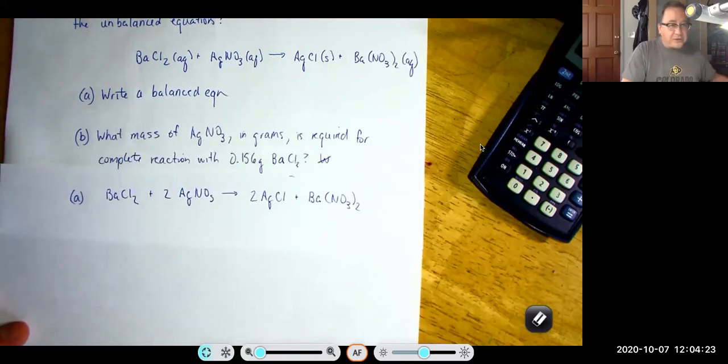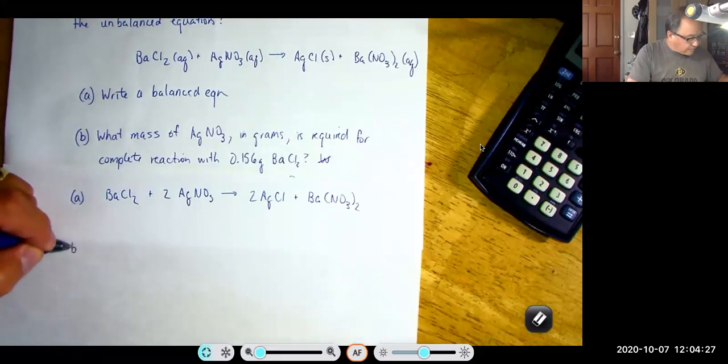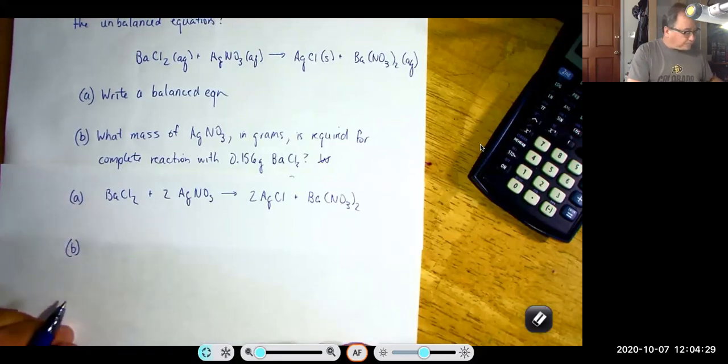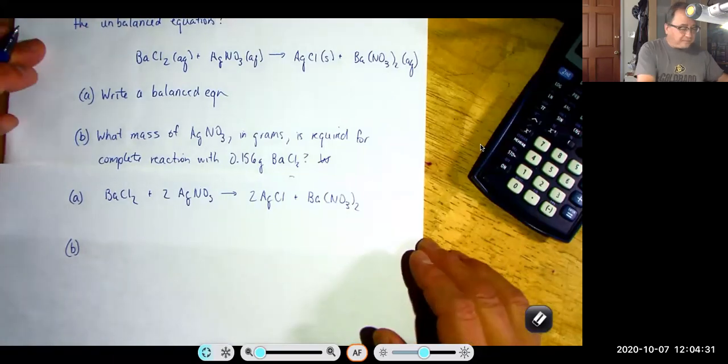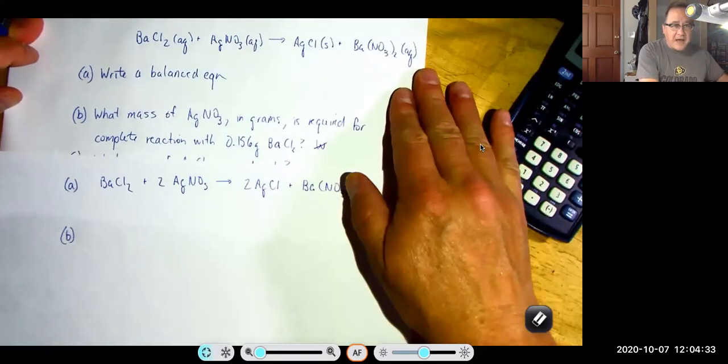What mass can be produced? Tell me the road map, if you will, the pathway.